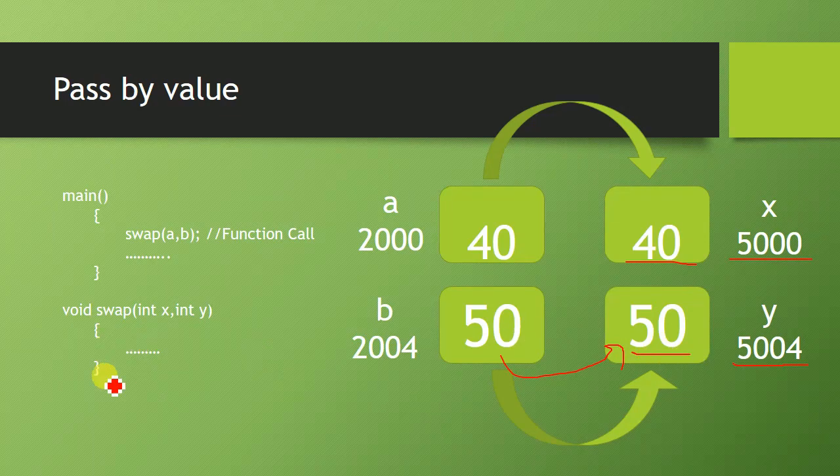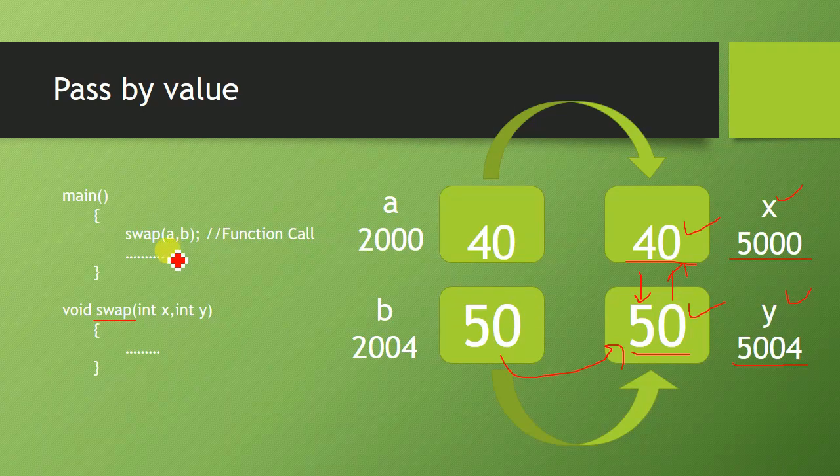Now if in our function we perform some operation on x and y and change their values, suppose we are using the example of swapping, the function will swap the values. After the swap, x will contain 50 and y will contain 40, meaning we are interchanging the values of x and y.